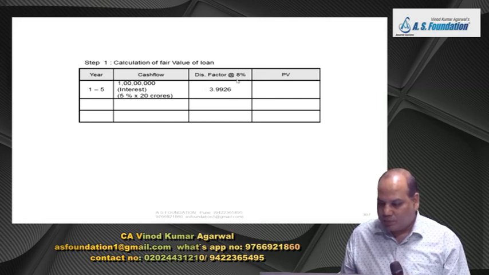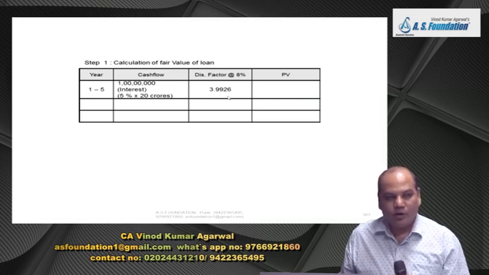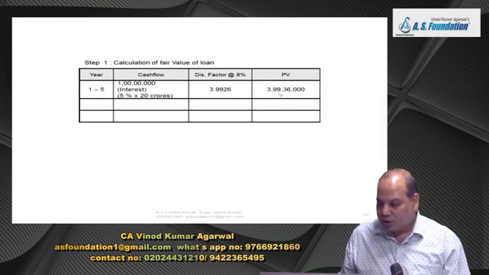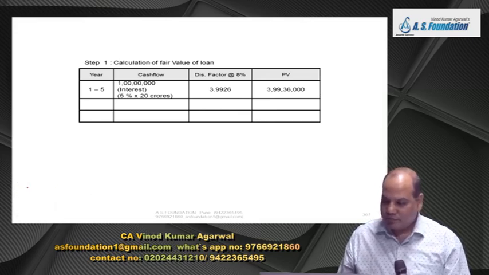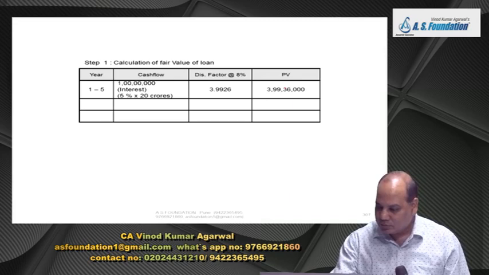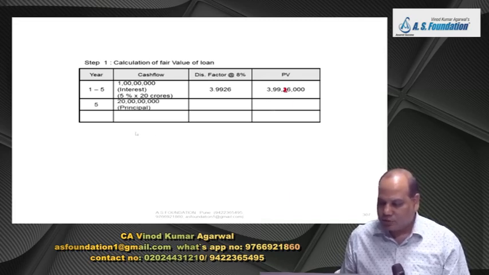Then compute the annuity factor at 8% and 5 years. The annuity factor is 3.9927. Multiply. 3.9926, is it right? Is it 26 or 27? Okay, make it 27.